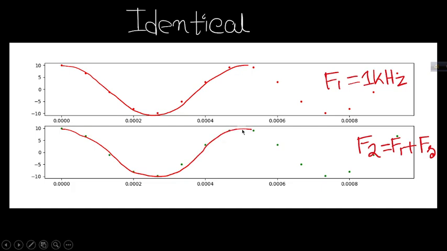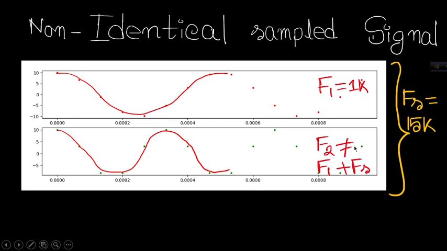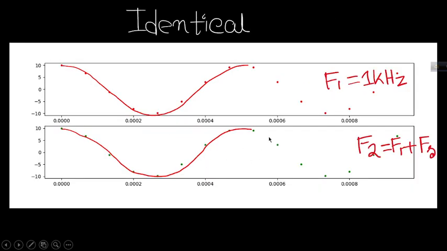And why? This is because of the behavior of the analog frequency of these two signals. You are watching that here the analog frequency f2 is equal to f1 plus fs, where fs is the sampling frequency, but here f2 is not equal to f1 plus fs, and that's why this one is not identical and this signal is identical.